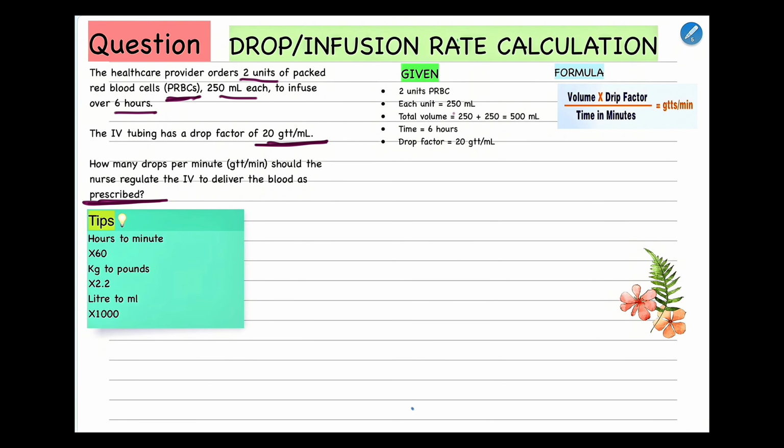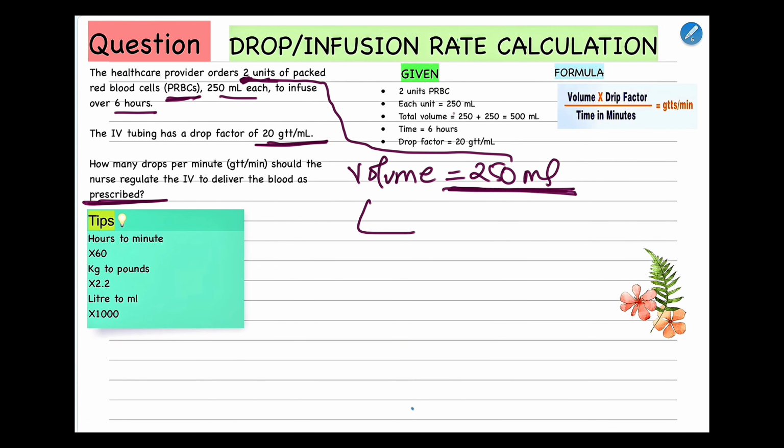So let's see what is given here. The volume is 250 ml. Is it 250 ml? See, this is the trick here. We have 2 units of PRBCs, which is 250 ml each, to be given over 6 hours. So the volume is not 250 ml.